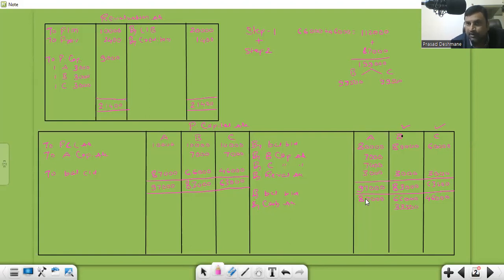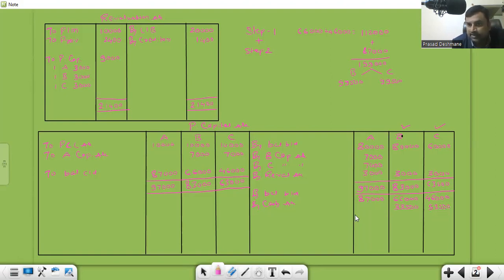Similarly, for C we calculate: 99,500 is the new capital as per the new terms and conditions. His existing capital is 46,000. So 99,500 minus 46,000 is 53,500, the deficit for C. He'll also bring in cash.